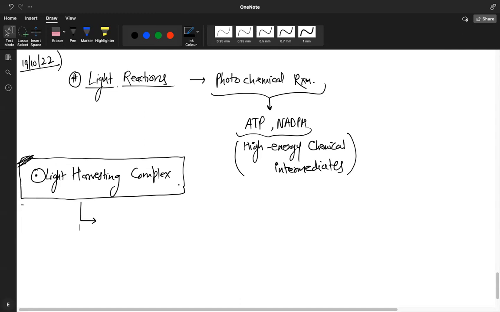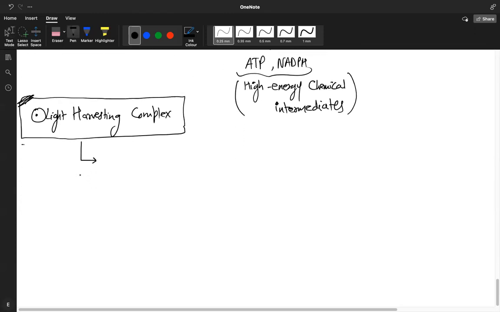So these light harvesting complexes are present in both these photosystems. Let me start the scheme here. To begin with, let me use this color. So we have, let's say, the sun.